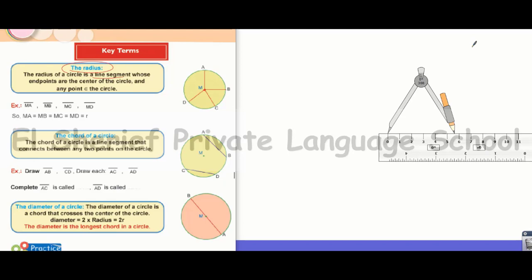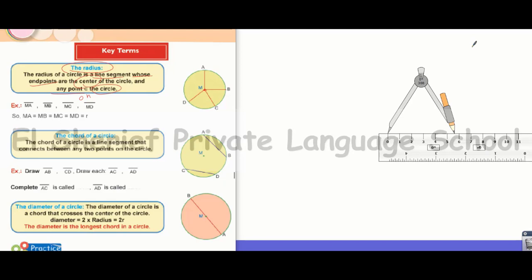So the radius is a line segment whose endpoints are the center of a circle and any point on the circle. Again, the radius is a line segment joined between the center and any point on the circle.